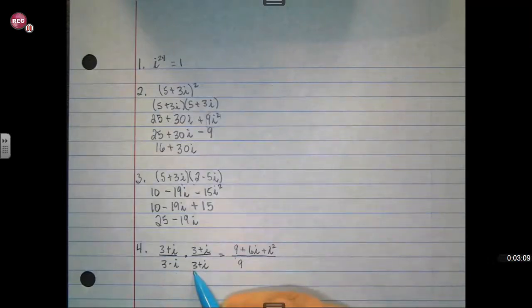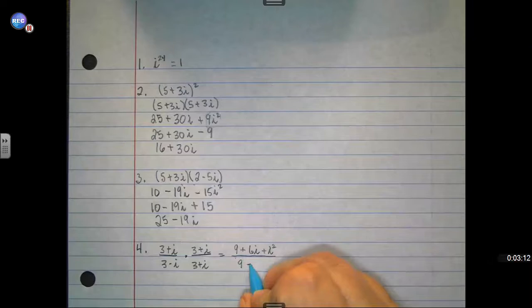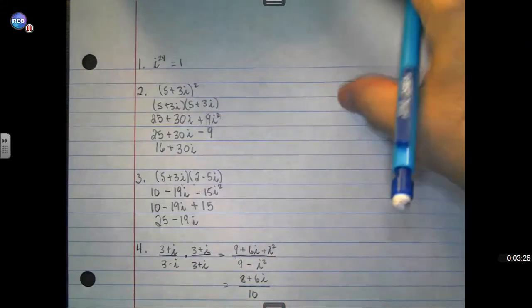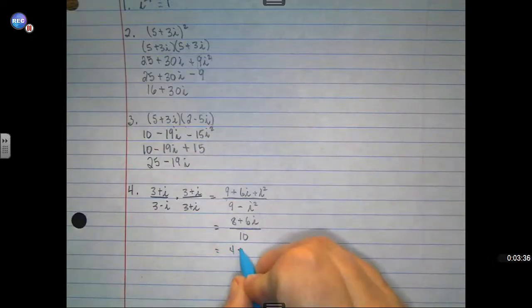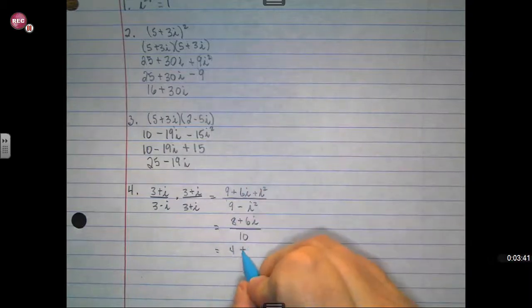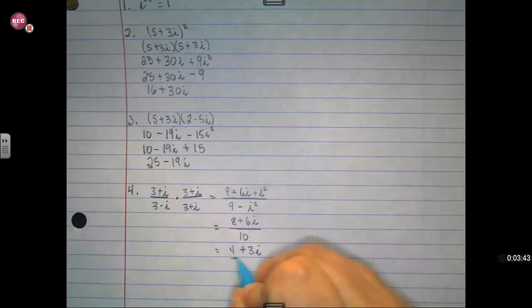The middle terms drop out, that's the point of doing this, and then minus i squared. So that numerator will turn into 8 plus 6i, and that denominator will turn into 10. Now I can reduce everything by 2, which I need to do. I wouldn't leave my answer like that. So 4 plus 3i, all over 5.